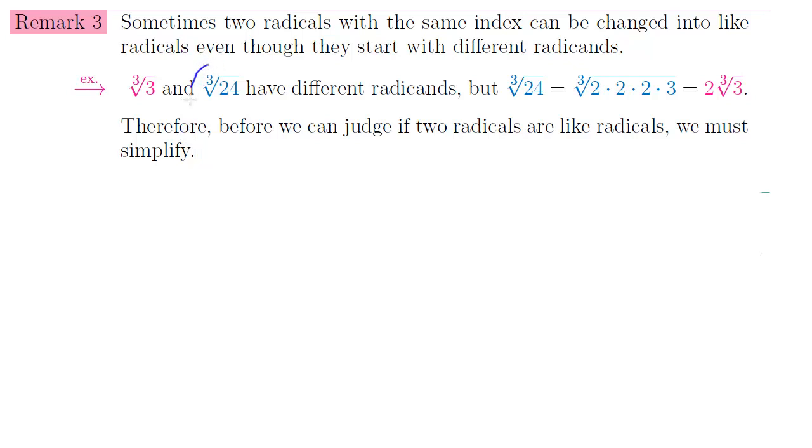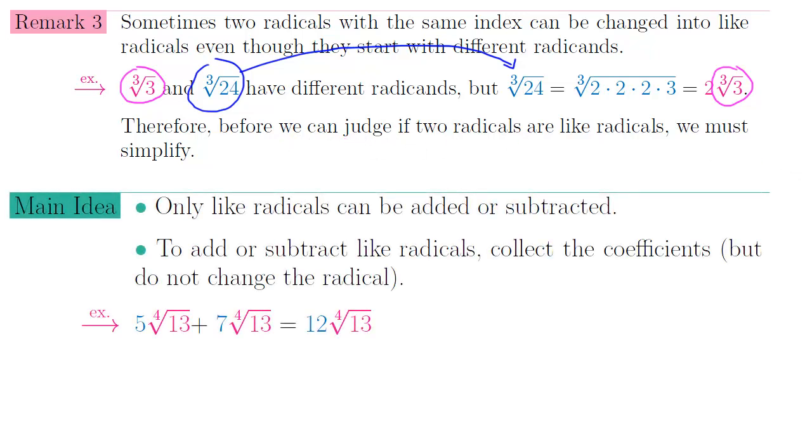But if you simplify the cube root of 24 like we did over here, you see that it is actually 2 cube roots of 3. So now you have a cube root of 3 and a cube root of 3, and you do have like radicals. The moral of the story is, before you can tell whether two radicals are like radicals, you have to simplify both of the radicals.